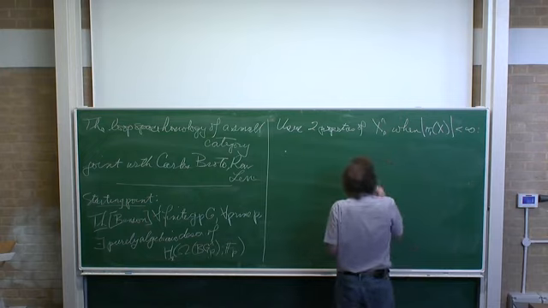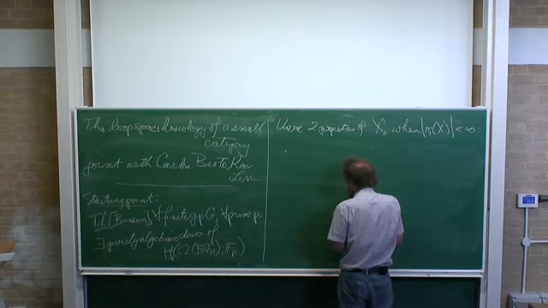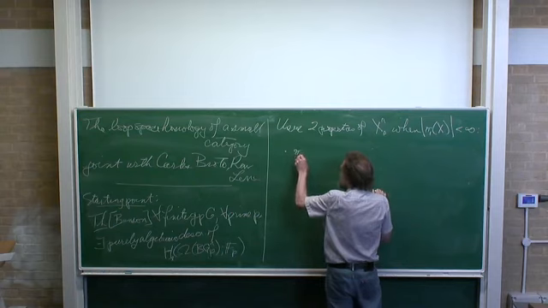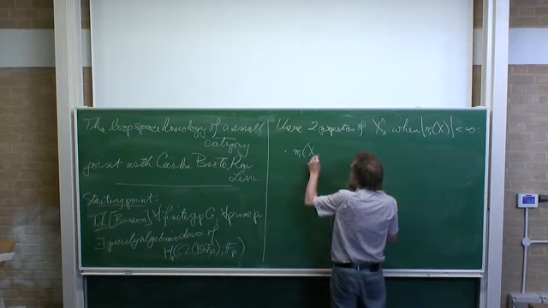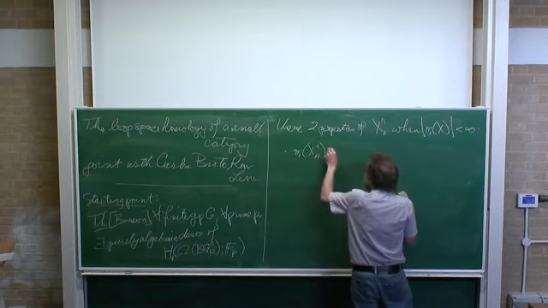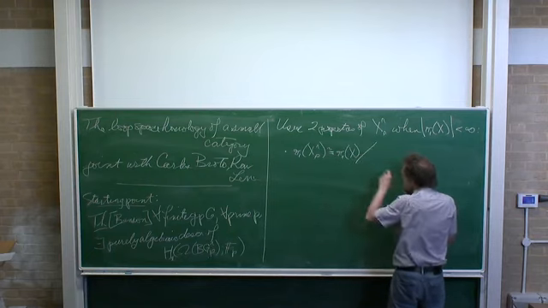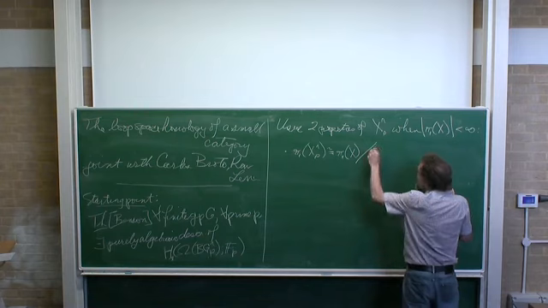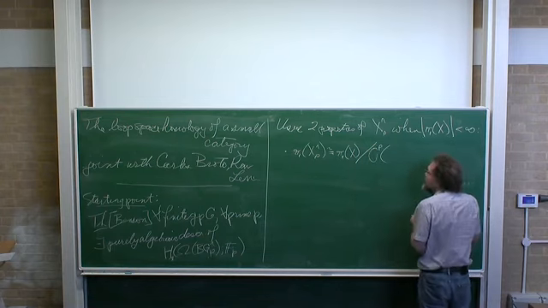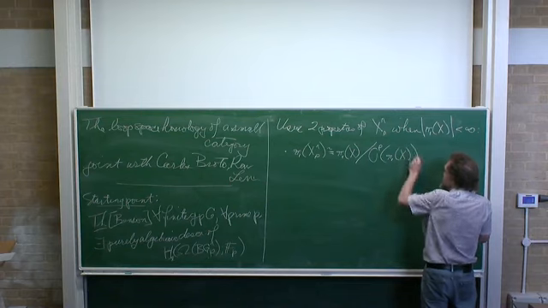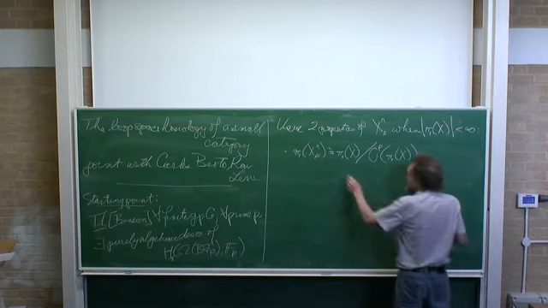So the first property is that pi 1 of the P completion is pi 1 of X modulo the smallest normal subgroup of P power index.